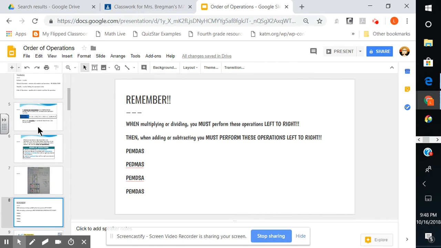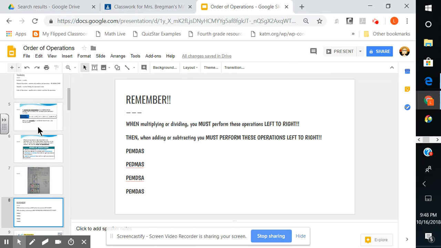And just to remember, you don't have to rewrite this. When multiplying or dividing, you must perform those operations left to right. Then you'll add or subtract, and those must be performed left to right. Those are the last operations you do. So even though people say PEMDAS for parentheses, exponents, multiply, divide, add, and subtract, it's really also PEDMAS because you could do divide, multiply.